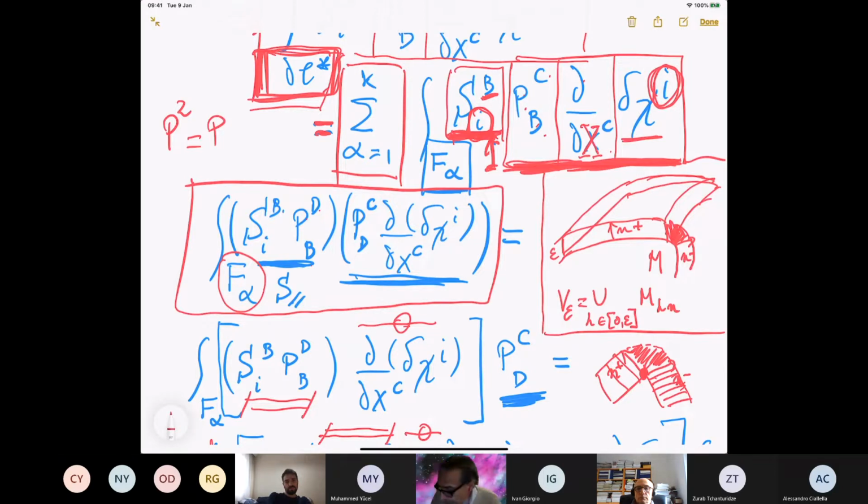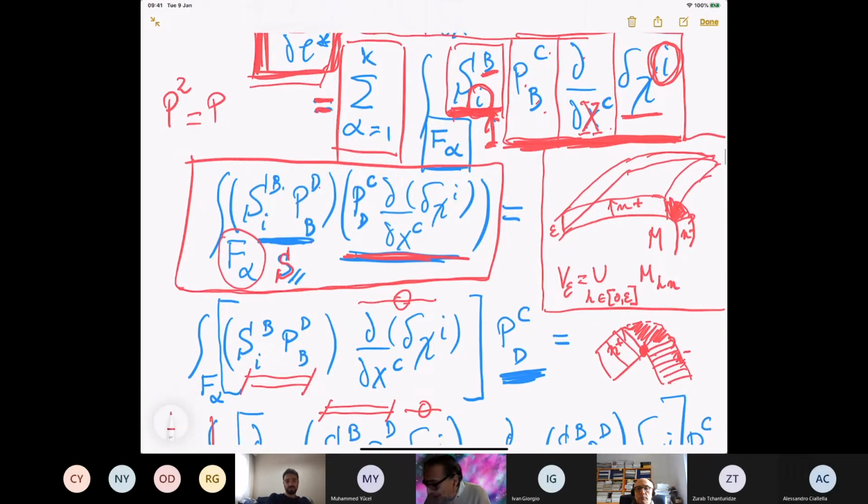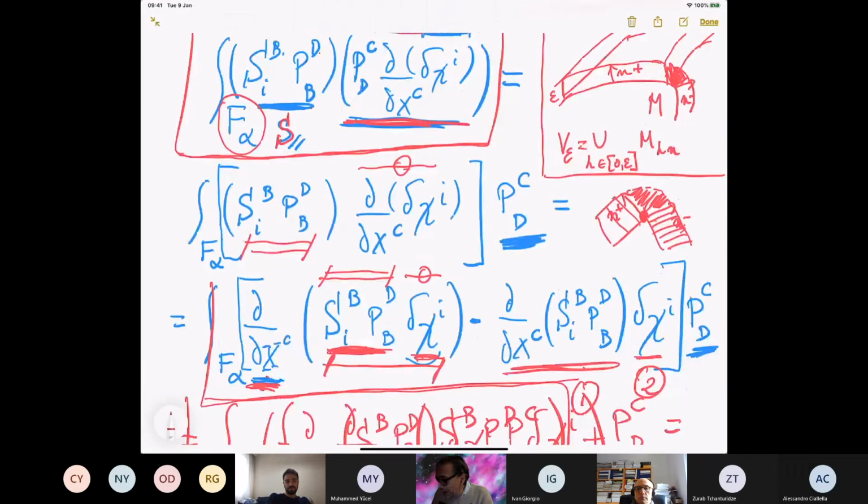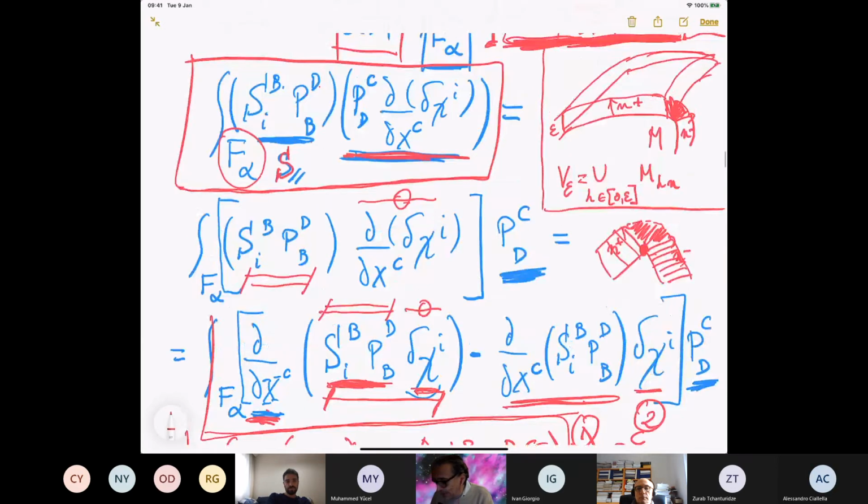So we can write this integral on a face in this form. We have an S parallel here, and we have the divergence operator there. Now, we are ready to apply the standard technique of integration by parts.